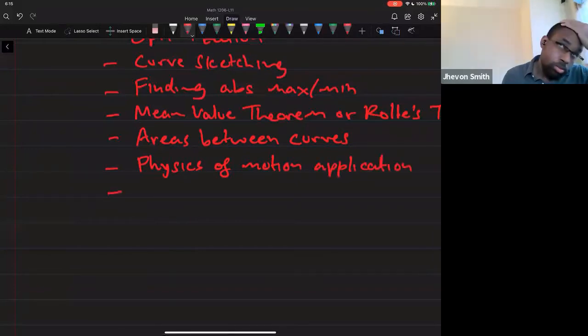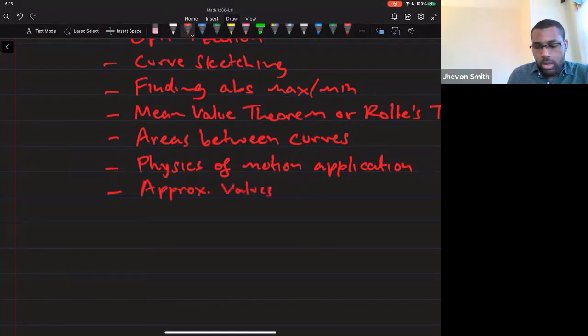That's just like when, oh, here's the position function, find velocity and acceleration. Or something gets thrown off a cliff, all you know is the acceleration. Find the function that describes its current position, ignoring air resistance and all that, or find the time when the object will hit the ground or something like that. Approximating values with linear approximation.